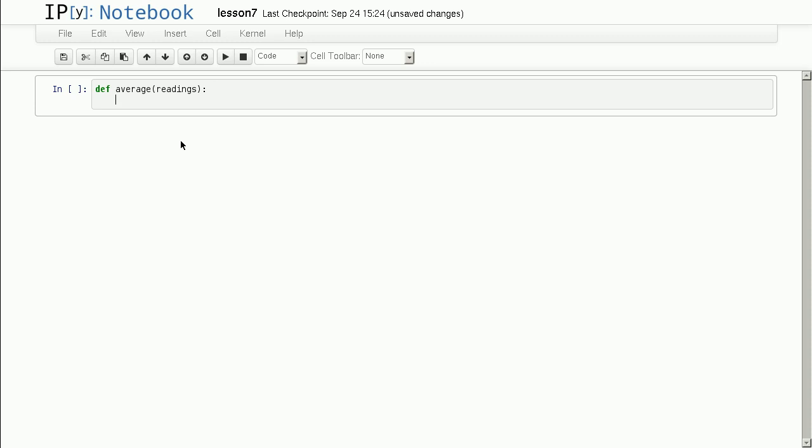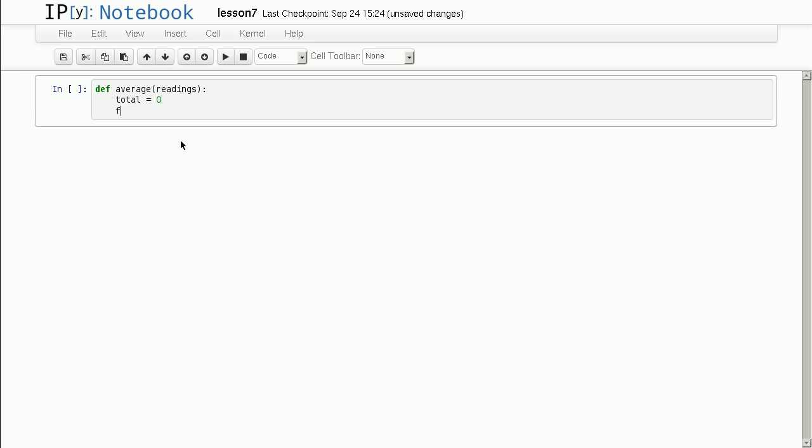Now, how are you going to solve this problem? The first solution that you might try is to simply take a simple average or a mean of the inputs. One way to do that would be to start with a total at 0 and then add to it. This is kind of a verbose way to solve this problem.